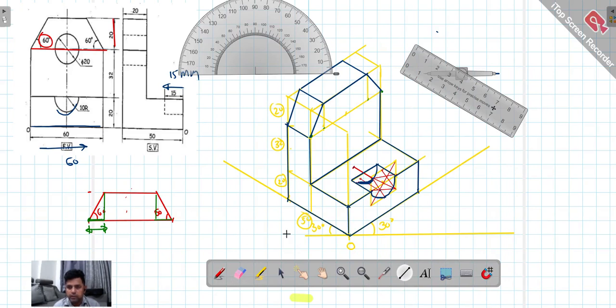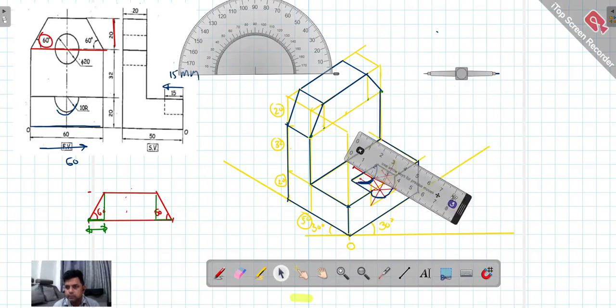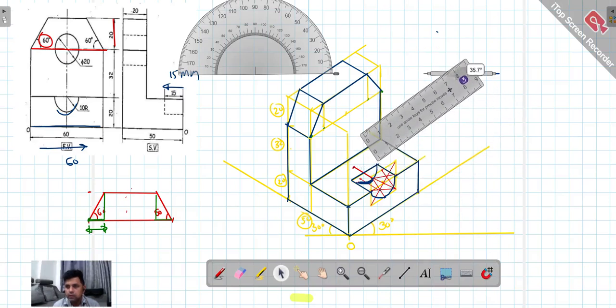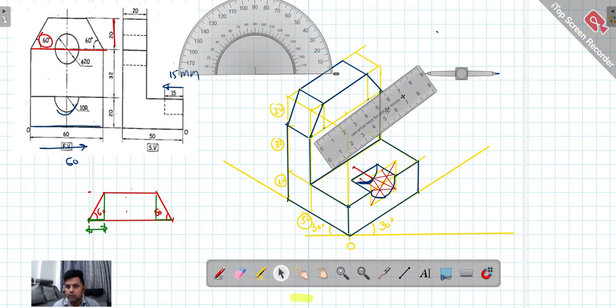Last, nothing but the circle we are supposed to draw. So what we'll do, again we'll take the scale. Okay, so here I'm taking the center. I already took the center. This is 30. Okay, I'll mark 10 here, 10 this side. To both sides I'll mark 10.